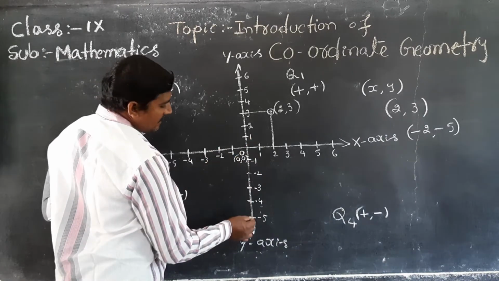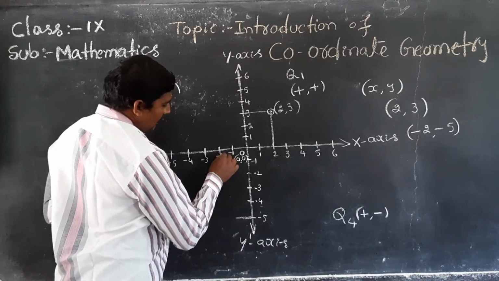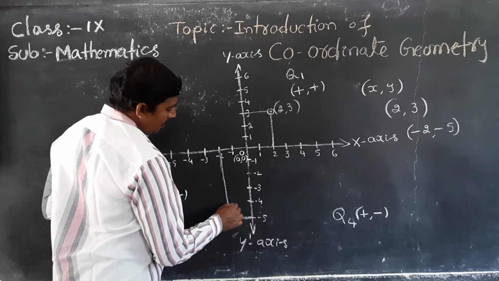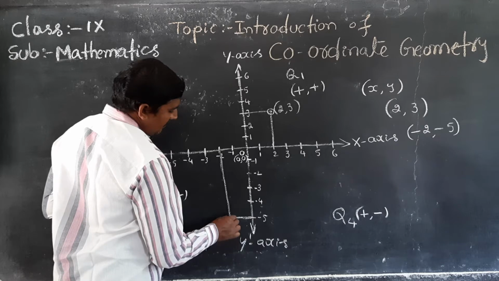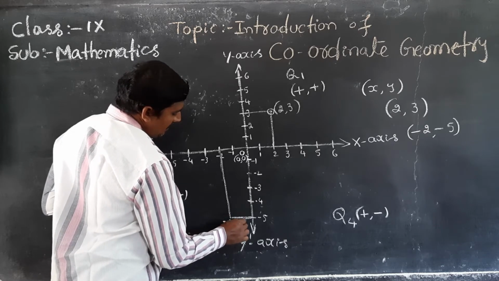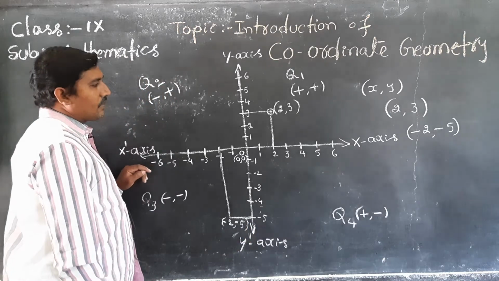On the y-axis, 5, for minus 5. This is called minus 2 comma minus 5.